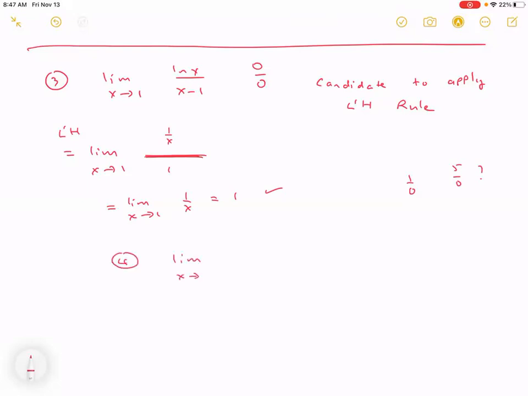Okay, so to answer your question, let's see. The limit as x approaches 2 of x squared plus x minus 1 divided by x minus 2. What is the limit of this function?